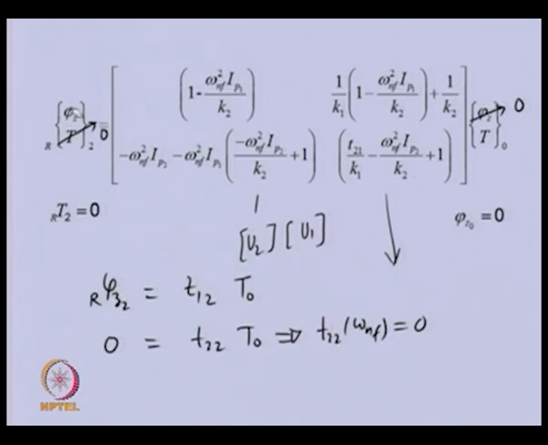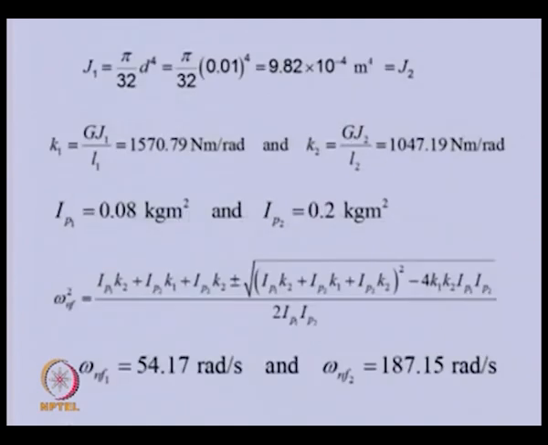This is 0 and this is T12, and T12 is a function of natural frequency. So if we want to obtain the displacement for a particular frequency, we can substitute that frequency here. That means we know all the field variables here. Once we know the field variable at one station, using various transfer matrices we can get the field variable at any other intermediate location, and that is what we are doing here.